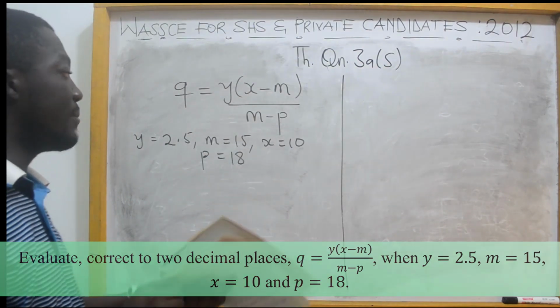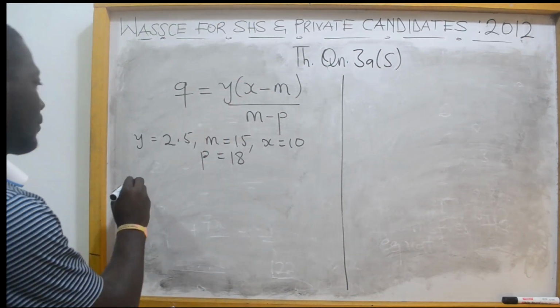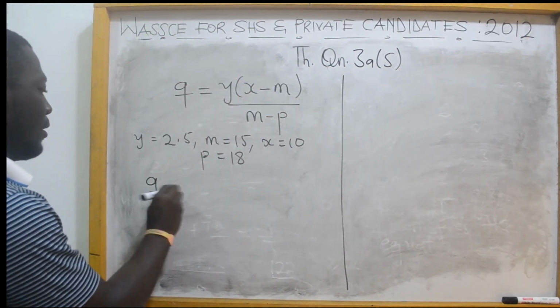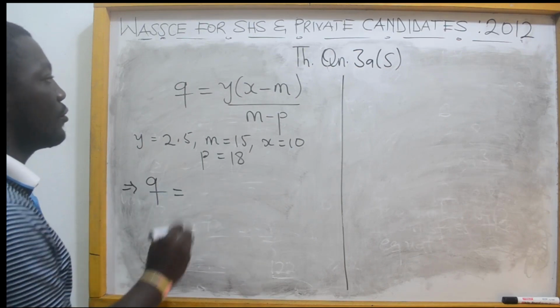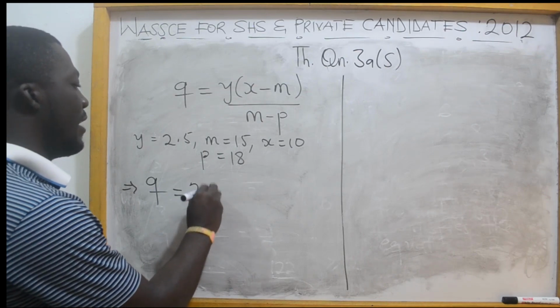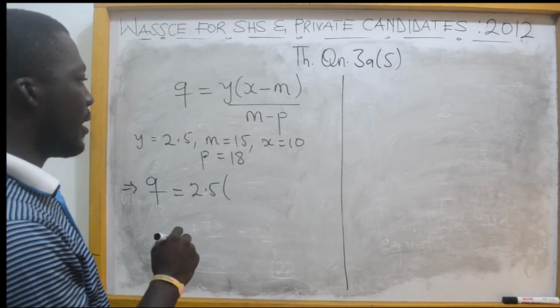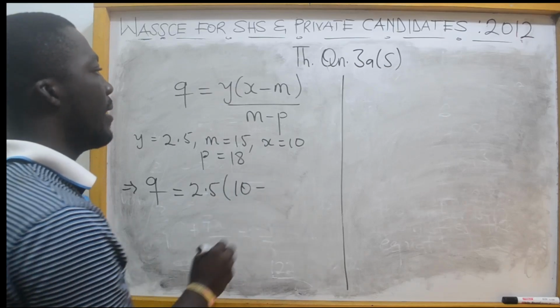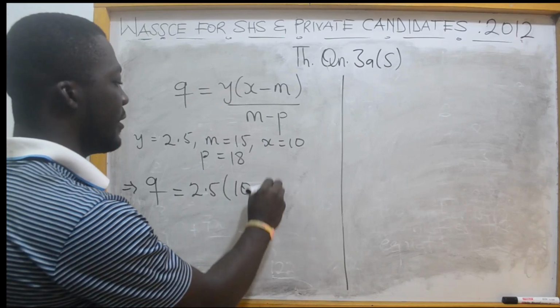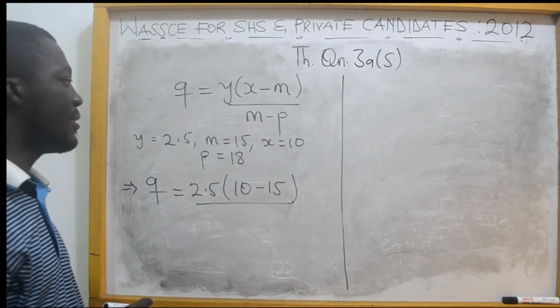So we are going to substitute the values into this equation. It implies that Q is equal to, the value for y is 2.5 into bracket x is 10 minus m is 15, divided by m minus p.